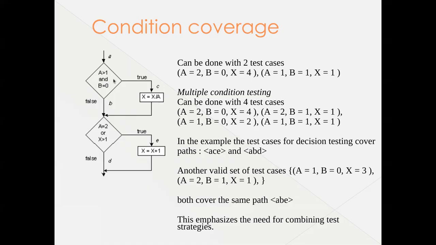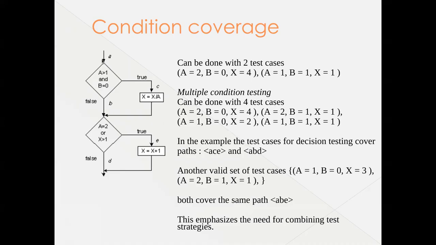The first is A, C, E, and then A, B, D. All the paths are covered. Another valid set of test cases is this one. Both cover the same path, A, B, E. We have to consider all these paths.